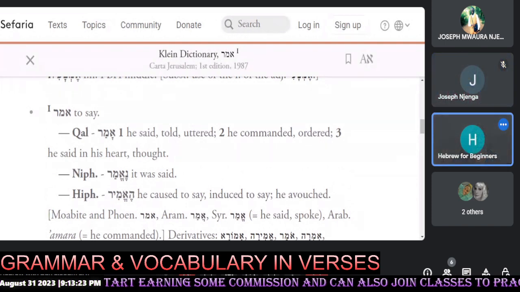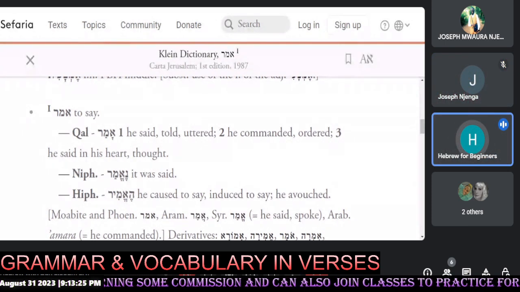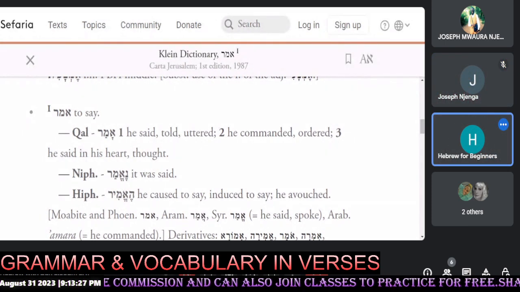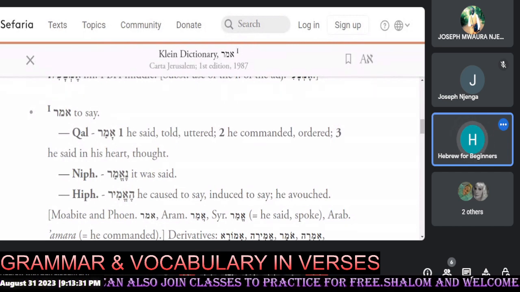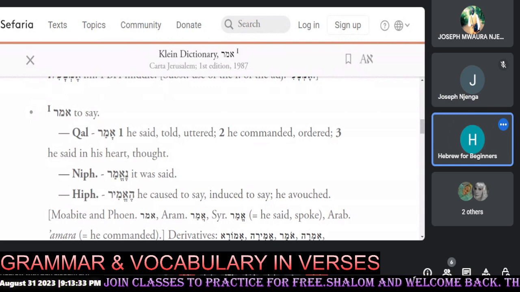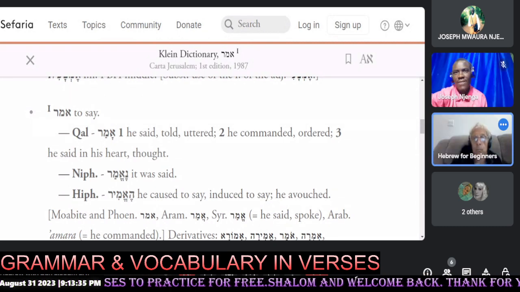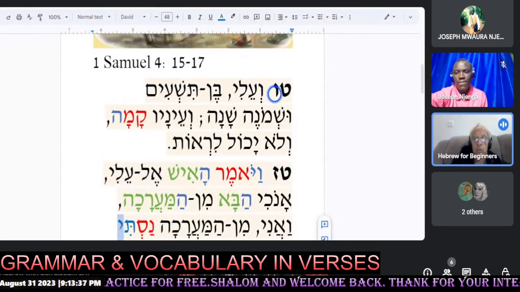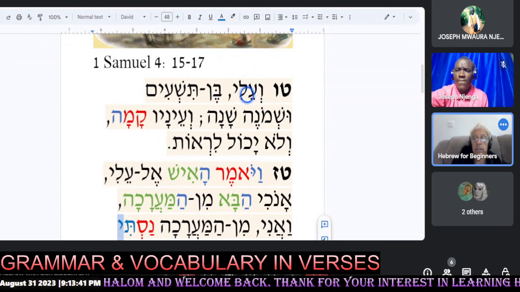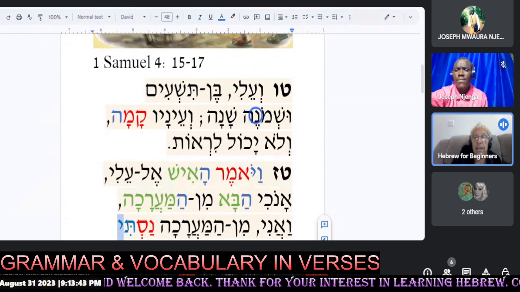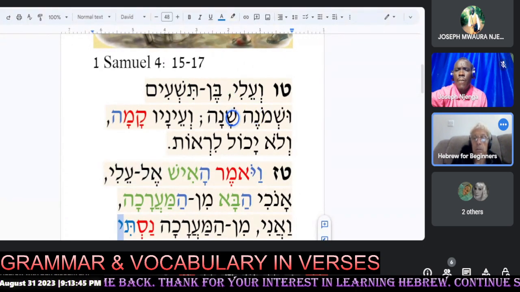So let's go back to the verse now, and let me translate what we've read so far. Ve'eli ben tish'im ushmona shana, and Eli the high priest was 98 years old.